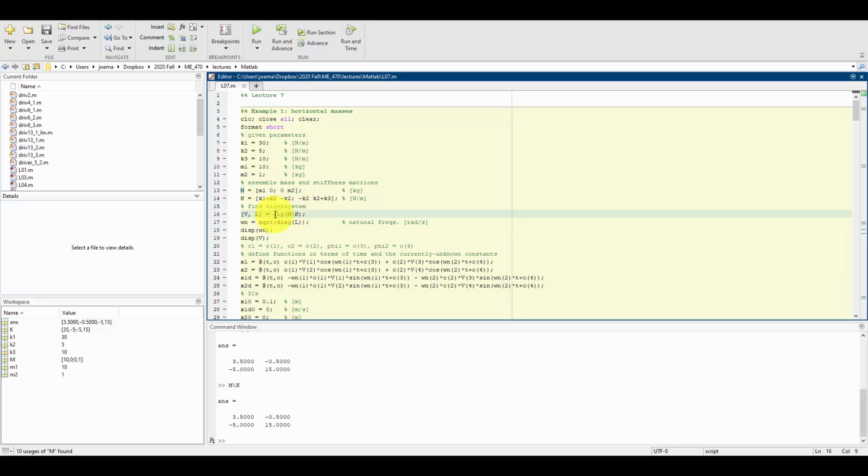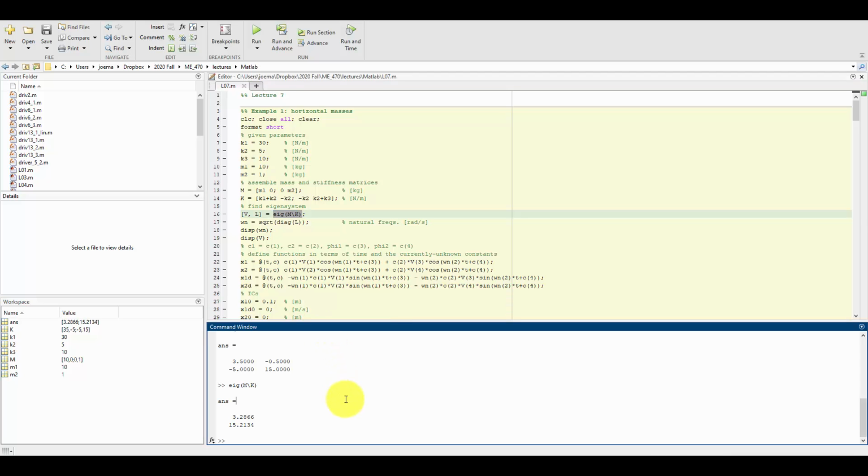Now, if I just get the eigenvalues from this, I'll run just this little piece. We see that we get 3.29 and 15.2. Those are the eigenvalues of m inverse k. The natural frequencies of the system are the square roots of these eigenvalues. For right now, I'll just do it in the command window, and I'll automate it in a second.